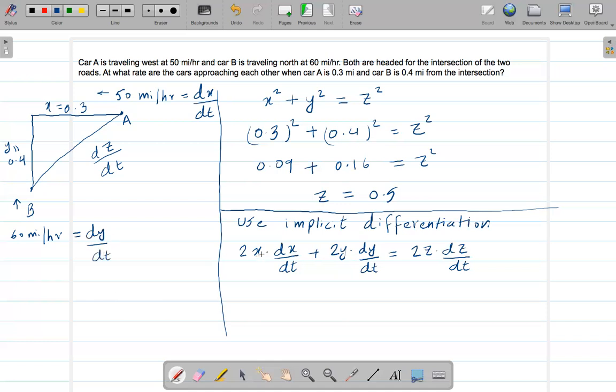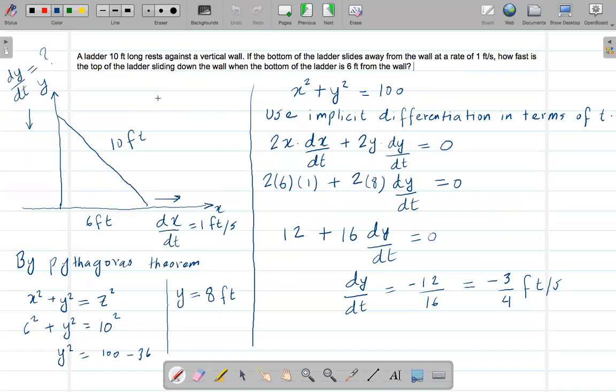We know the value of x, which is 0.3, and dx over dt is, well, just like I explained before, when it is sliding down, the length is decreasing from the origin.